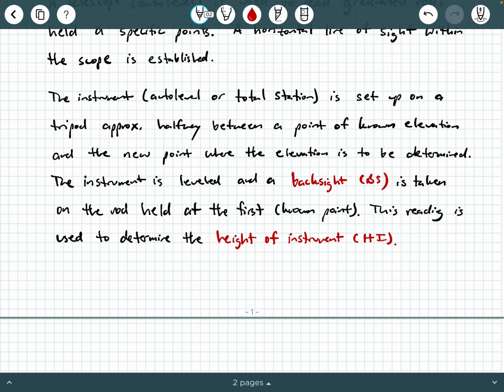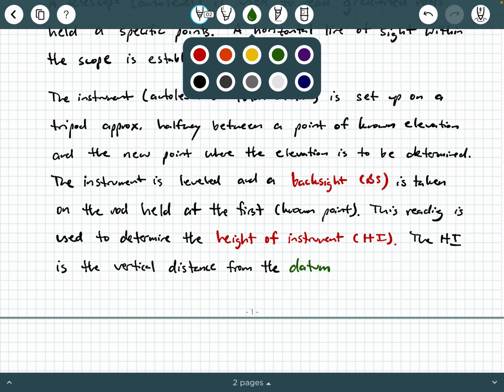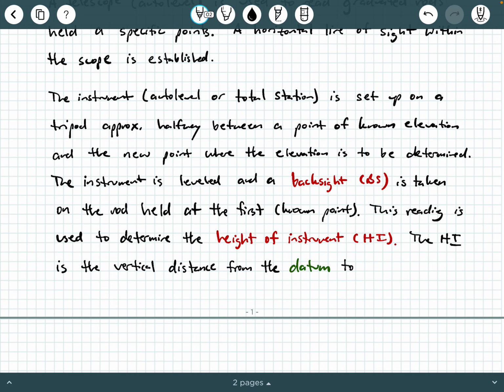So the height of instrument, the HI, is the vertical distance from what's called the datum to the line of sight of the instrument.